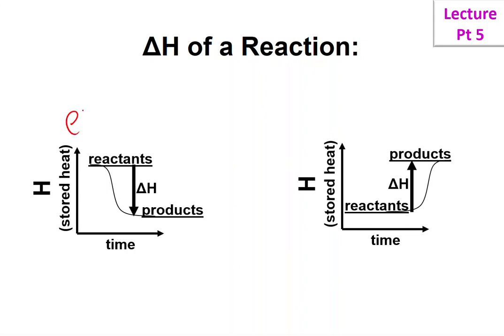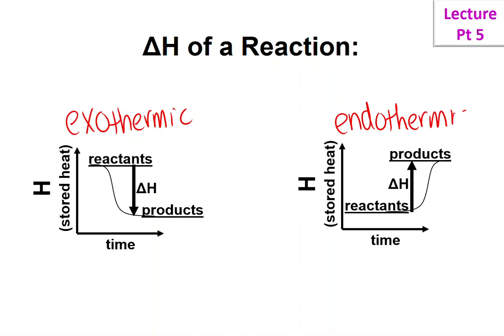So this reaction is exothermic, with the amount of heat being the difference between the reactants and the products, and this is endothermic, meaning the reaction takes in heat. So this one will warm the surroundings because the substances are giving off heat, whereas this one will cool the surroundings because the reaction is taking heat away from its surroundings.